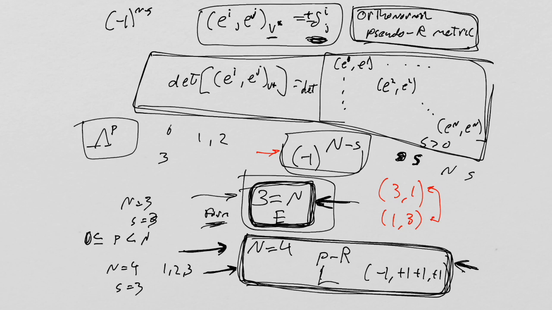Or I guess, how about greater than 0, less than n? So nailing it down into this circumstance is a little bit tougher. But we are always going to lean on this sort of orthonormal set of vectors in our basis, orthonormal with respect to some pseudo-Riemannian metric of signature s, arbitrary signature. Okay, so with that in mind, let's begin.